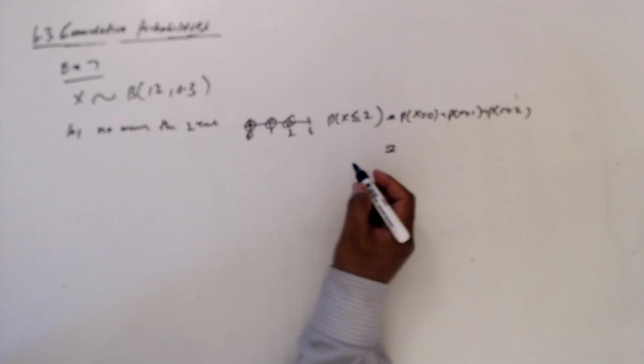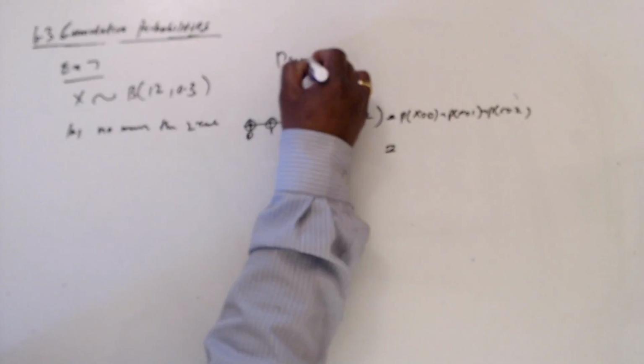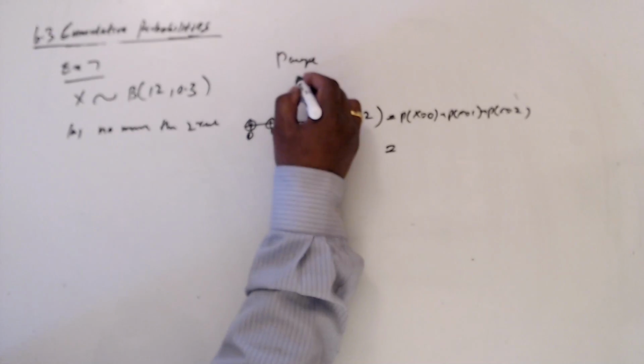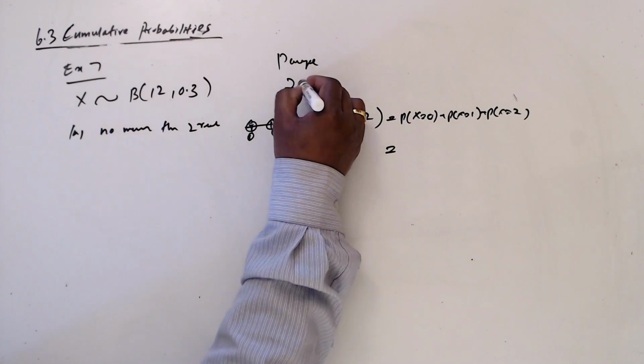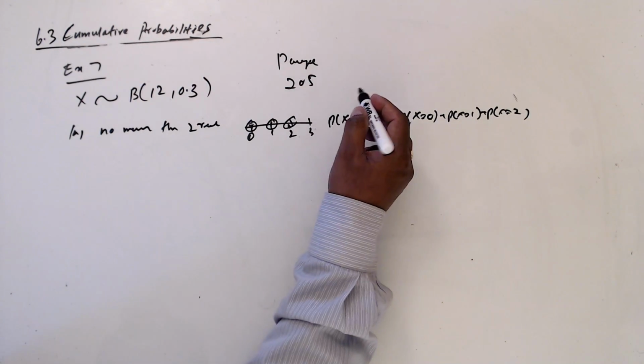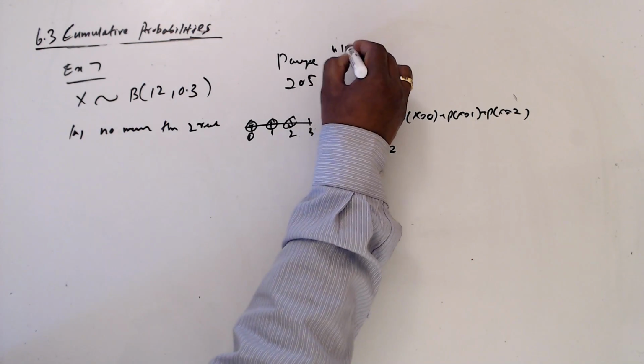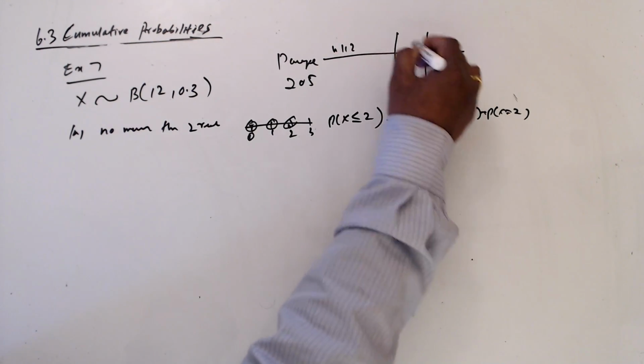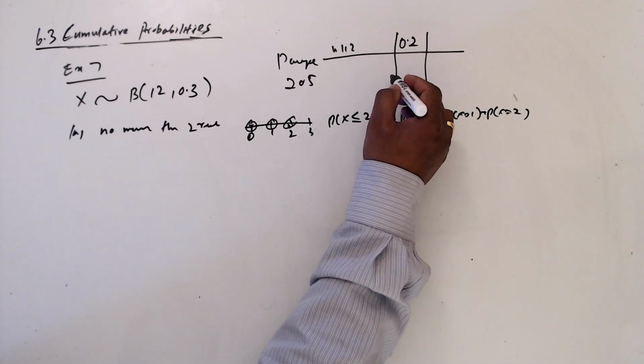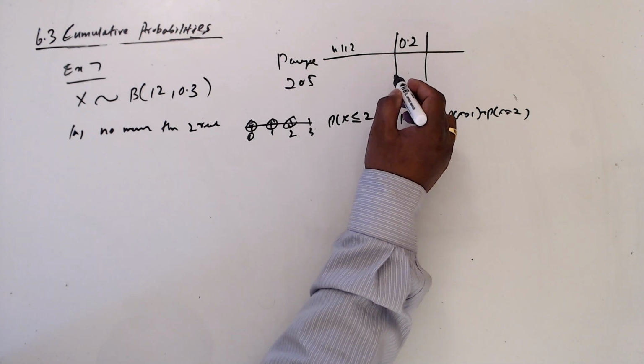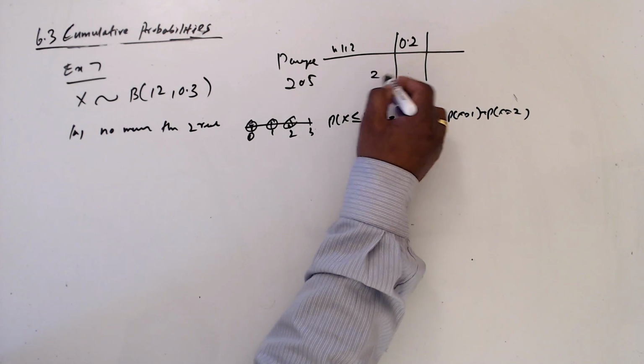So we will go to page 205, and then you can see n equal 12 and the 0.3 table, and then you can read up to 2.